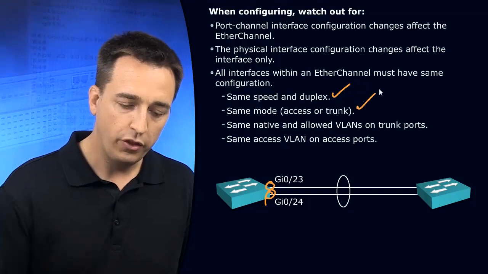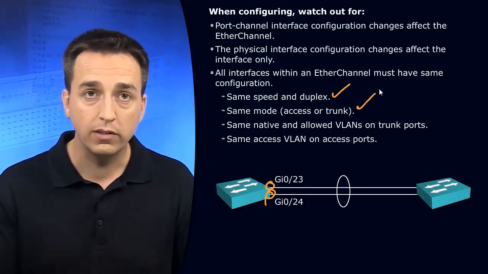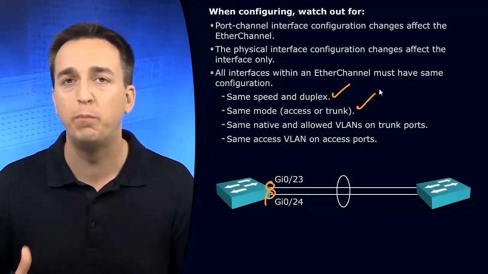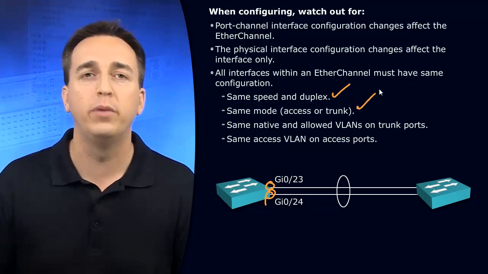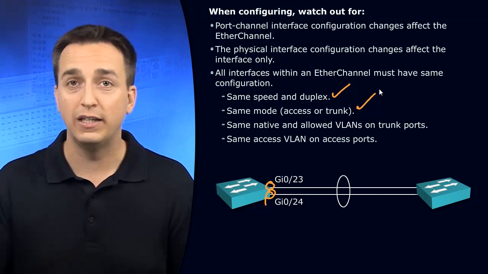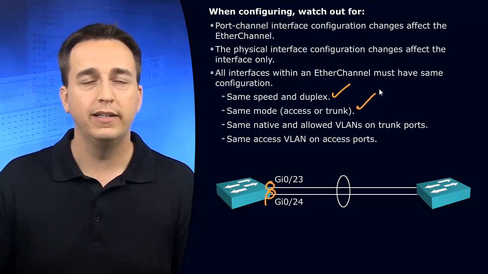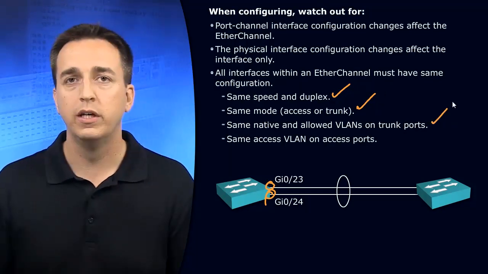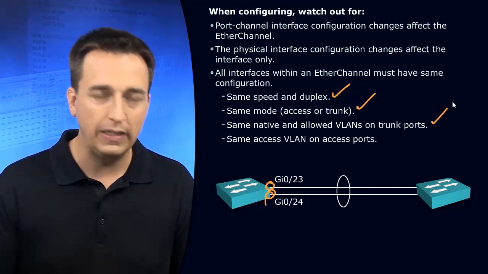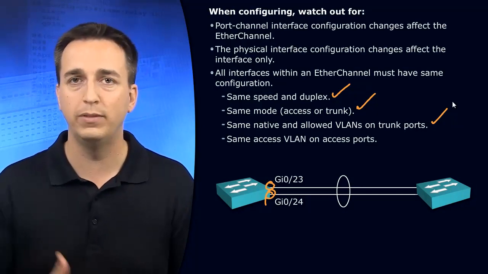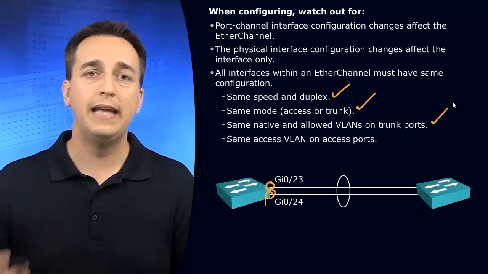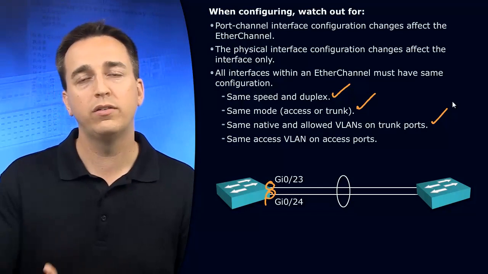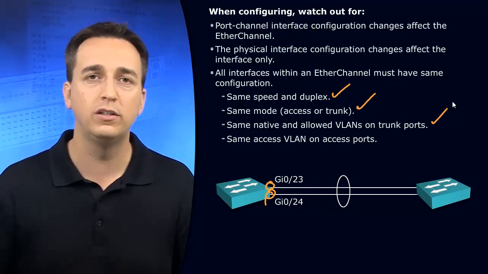In addition, the ports either have to be all access ports or all trunk ports. It can't be a combination or a mixture of both. If so, the EtherChannel bundle fails to successfully establish in that case as well. Native VLANs and allowed VLANs on trunk ports have to be the same. So if the native VLAN is 99 on the trunk port for gigabit 0/23 and it's 9 on gigabit 0/24, that would be a native VLAN mismatch, and the EtherChannel bundle will not form with these two interfaces.